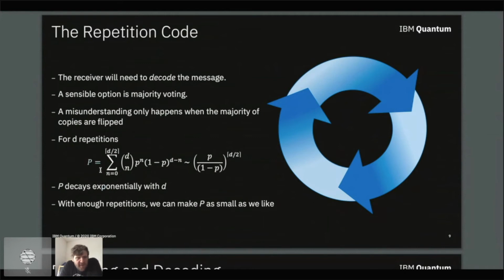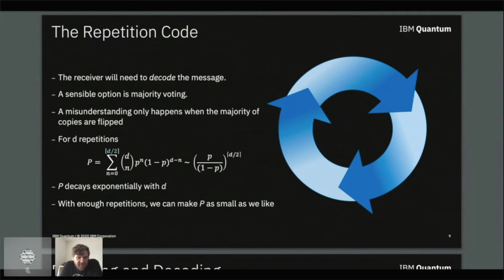So this is the probability that the person trying to decode your message decodes it incorrectly. And it's a sum over all of the possible ways that they can decode it incorrectly. So it should be the sum from d/2, where d is the number of times you repeat, so d/2 is half the number of times you repeat, up to d.